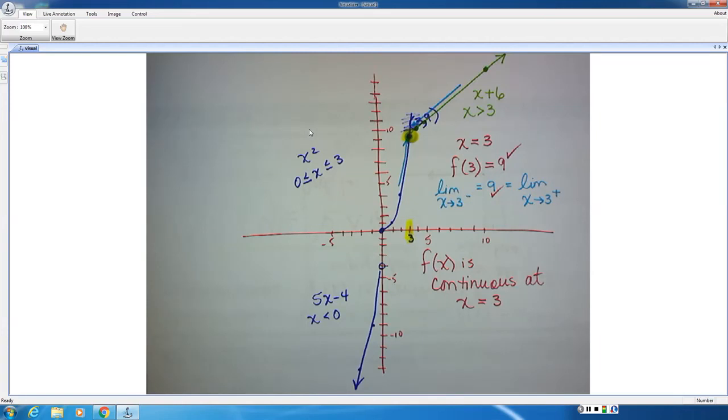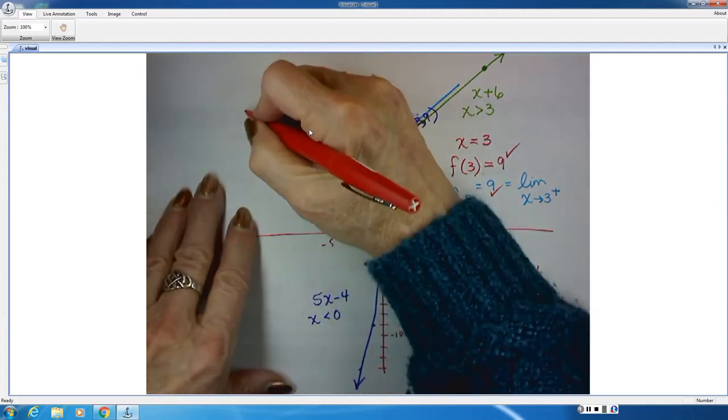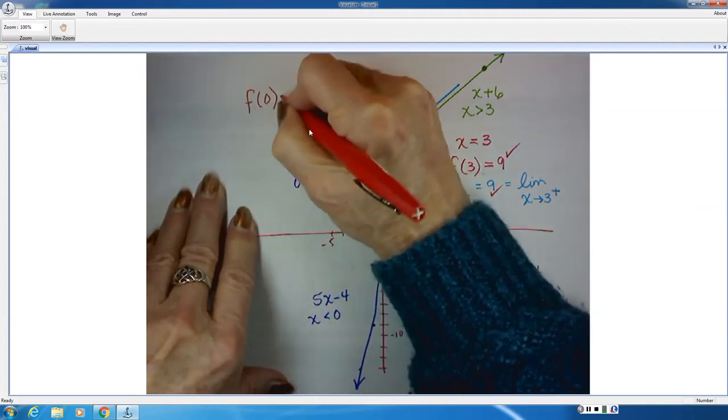Well, not quite. Looking at the sketch that I made, is that function continuous? No. Where's the break? It's at 0, right? So let's examine 0. Is f of 0 defined?